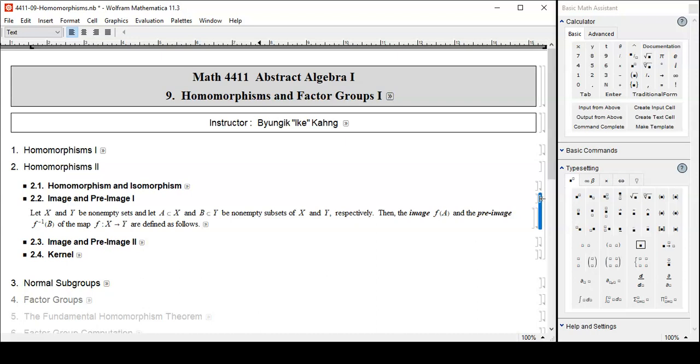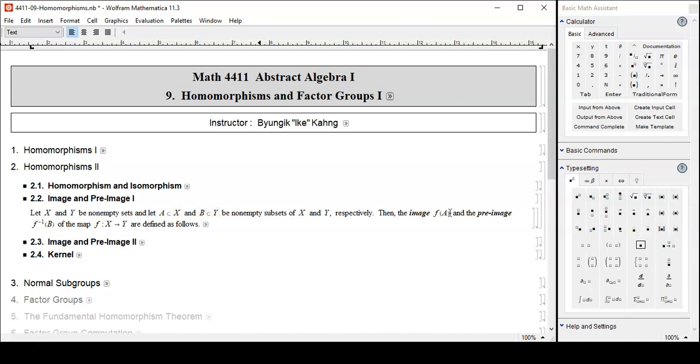Okay, so all those are sets, non-empty sets. And then let's consider a map f from capital X to capital Y. So not necessarily a homomorphism or any kind of algebraic structure, just a map from one non-empty set to another non-empty set. And then let's consider two non-empty subsets, capital A and capital B.